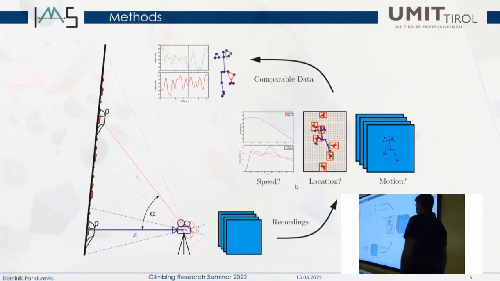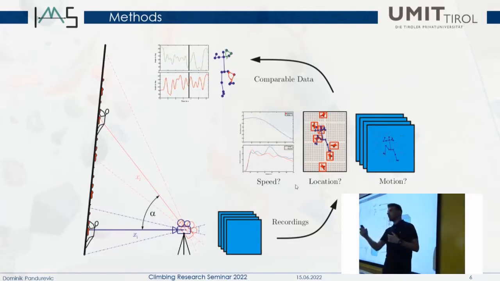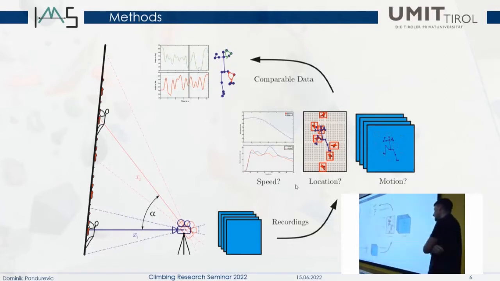So here, this image demonstrates the method from bottom up. So on the left side, you see the illustration of the recording. So we have one specific camera setup for every competition. So the camera is placed in a current tape, has a specific distance to the wall and a specific focal length, and it is tilted upwards to follow the two climbers in speed.